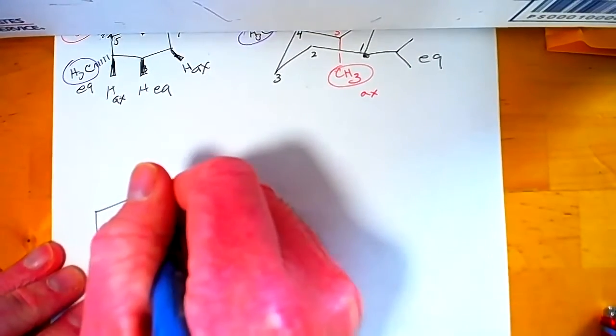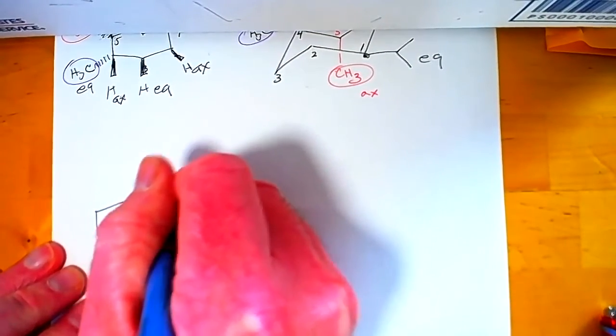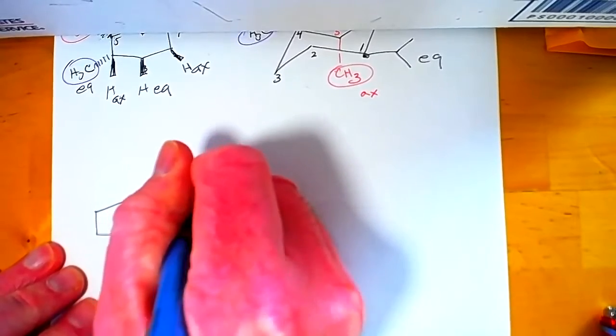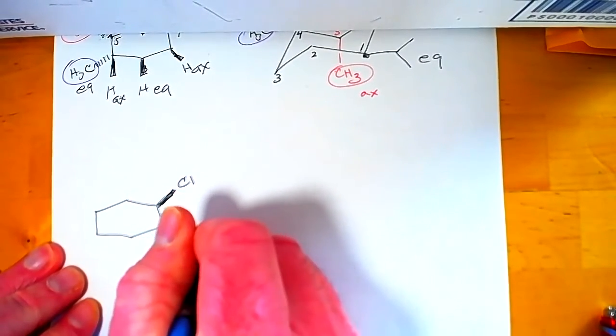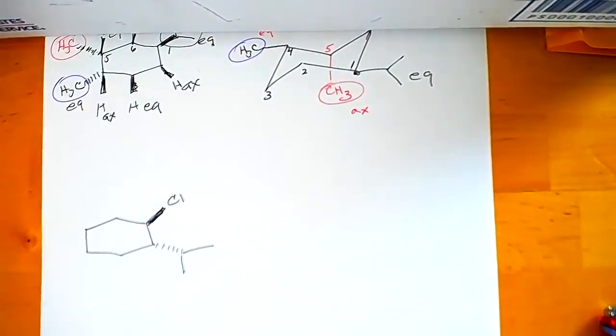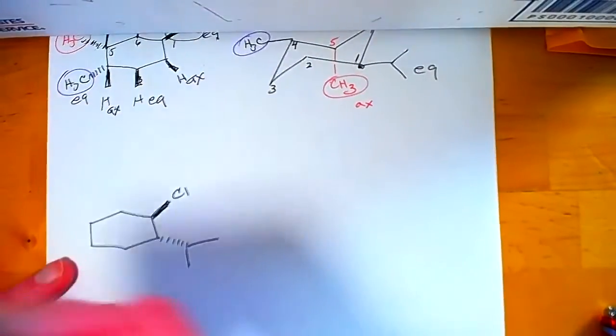So let's say we had a chlorine group here, and an isopropyl group here. And so the question here now is a little bit different.